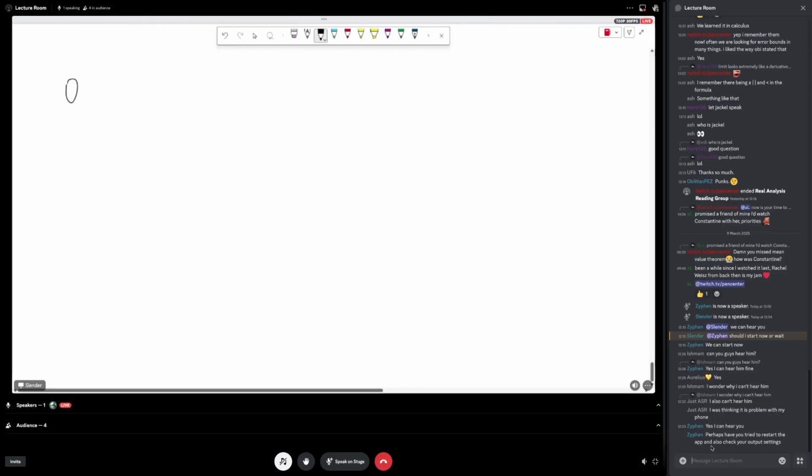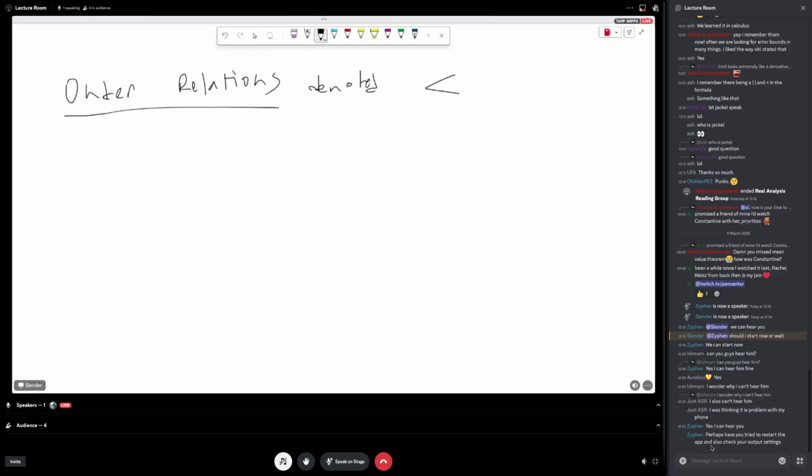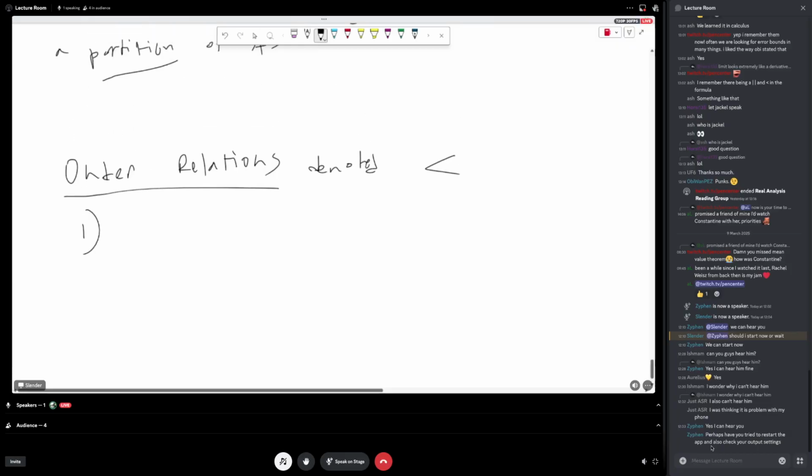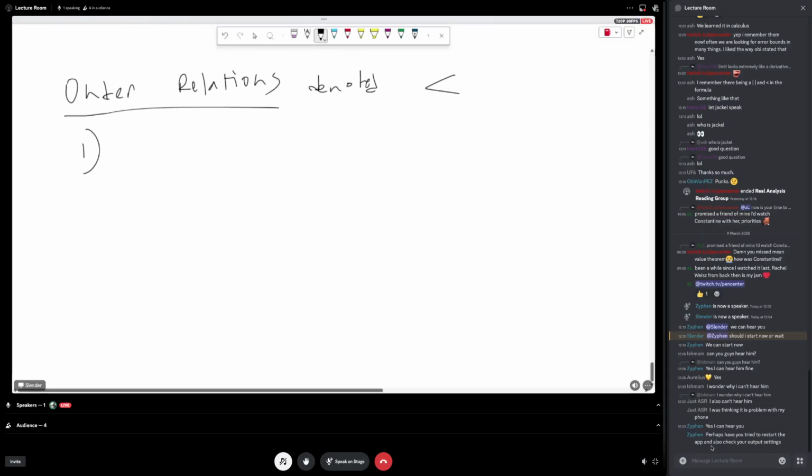So the next thing we have are order relations. This is denoted by this less than symbol. These are almost like equivalence relations, but we have firstly the comparability.